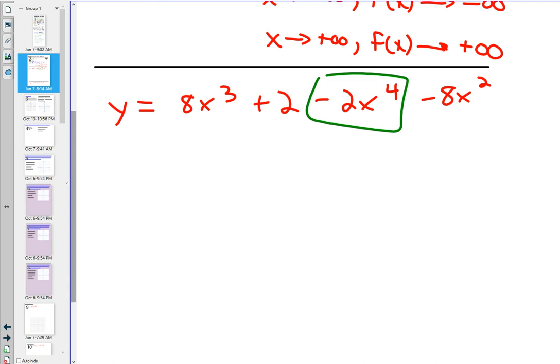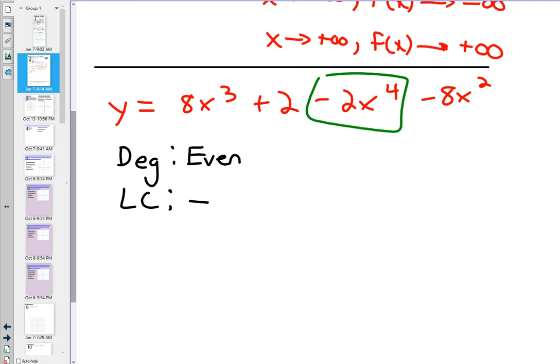I would tell you to look at the degree first, then you could figure out what type of function to relate it to, and then look at the coefficient, but it doesn't really matter. What type of degree is this? Even degree, similar to a parabola, and my lead coefficient is negative.